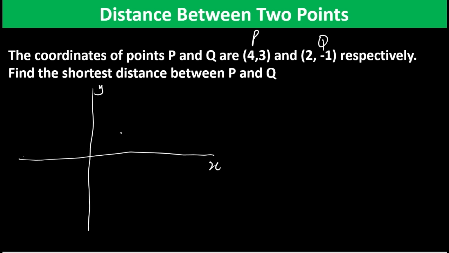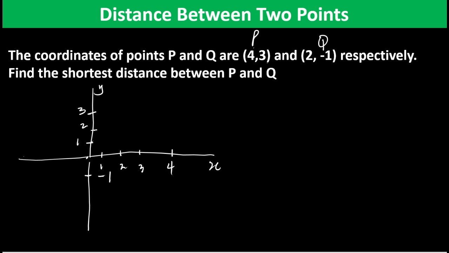Now, on the Cartesian geometry, my x-axis is on 4 and 2. So let's start this. This will be 1, 2, 3, and 4. But my y lies between 3 and minus 1. So if this is 1, 2, here is 3, then I'll consider the negative axis because I have minus 1 there.